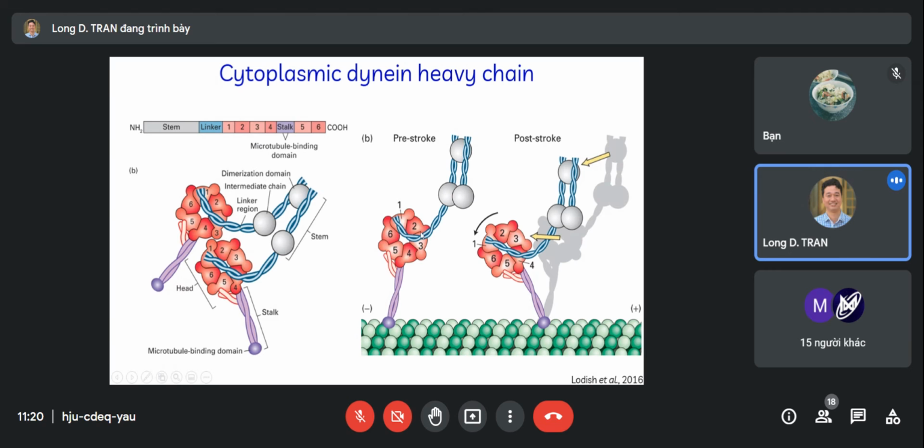With the rotation of the ATPase domains, the stalk will move from left to right, and make the dynein move on the microtubule. Or if the dynein is attached stationary, then the microtubule will slide.